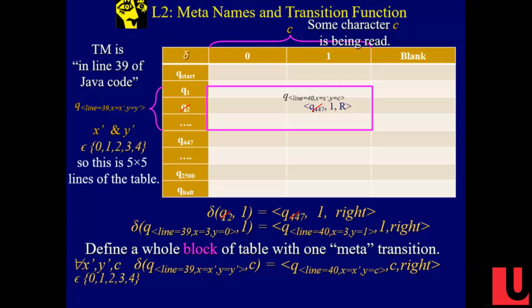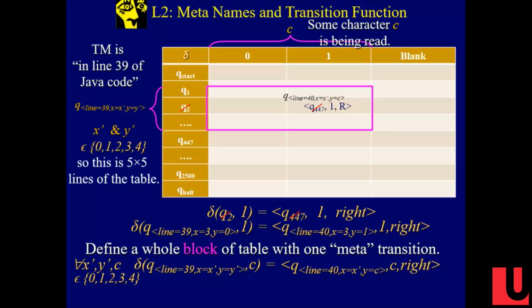If I was really counting states properly, I would observe that when I'm in line 39, I have 5 different values of y. But look at when it's line 40, I only have 2 values of y. So in this line there's 5 values of y, but in this line there's only 2 values of y. We could get anal like that.